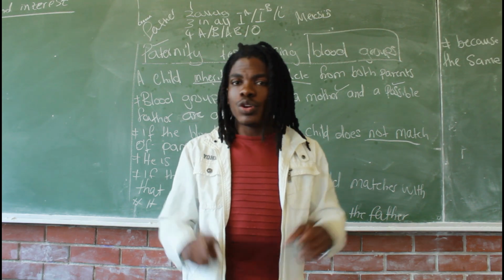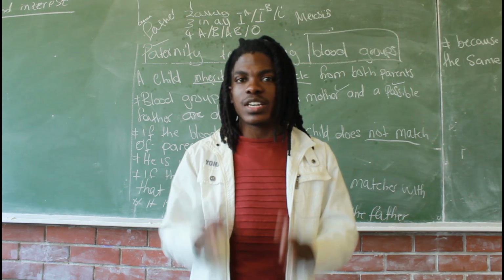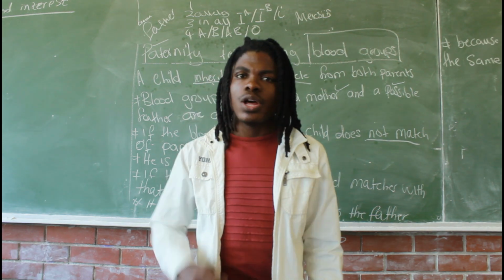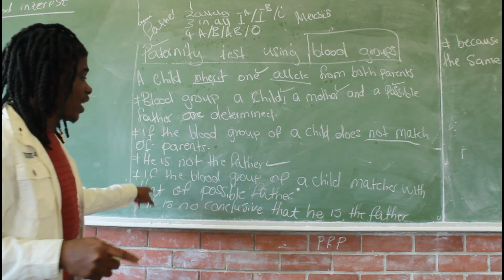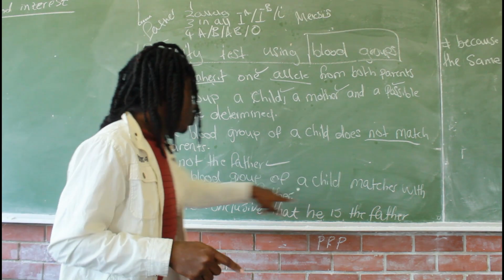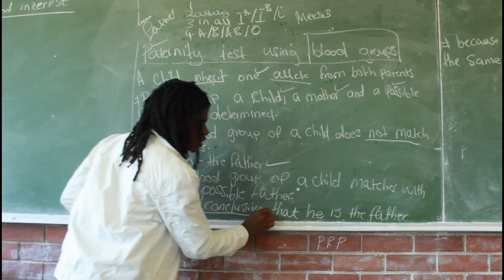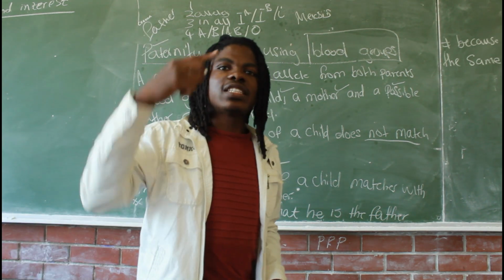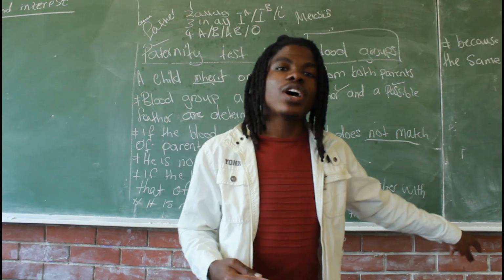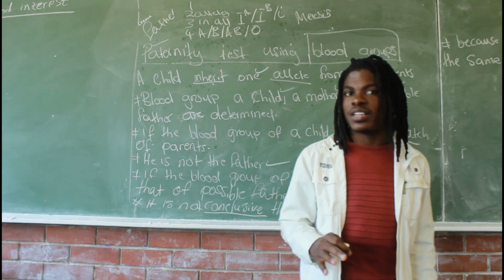We cannot say without a shadow of a doubt that he is the actual father. If the blood groups of a child match that of a father, it is not conclusive that he is the father.